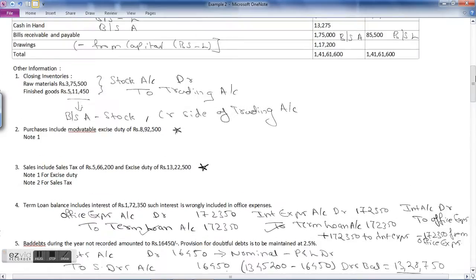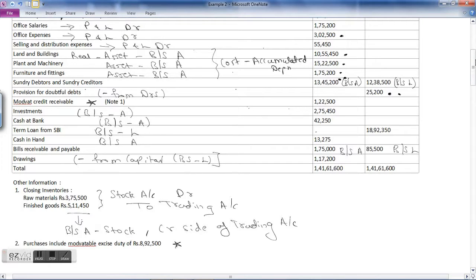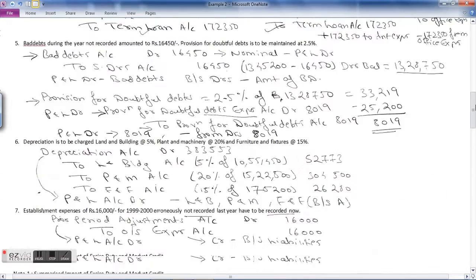Then the next one is land and building. So balance sheet assets at 10,55,450. So there is some marking on land and building, so adjustment related to that. So we'll leave some space after land and building and we'll put it in the inner column. How much is that? 10,55,450.